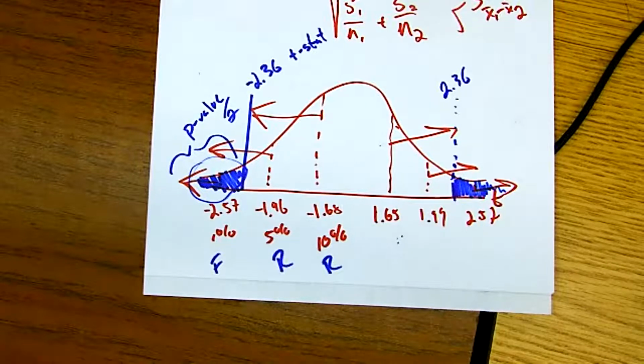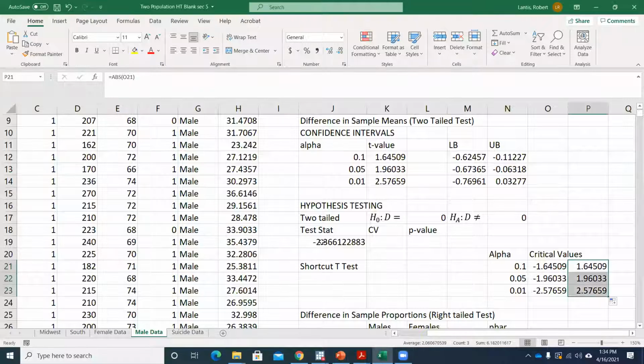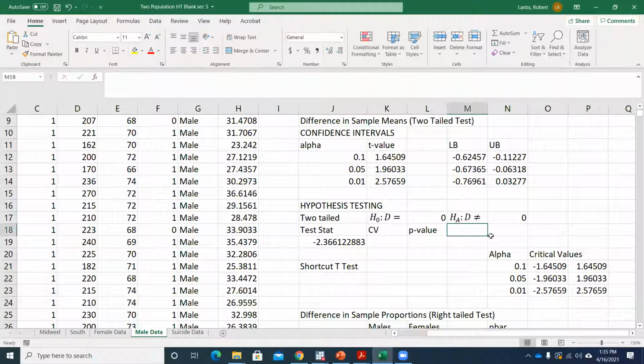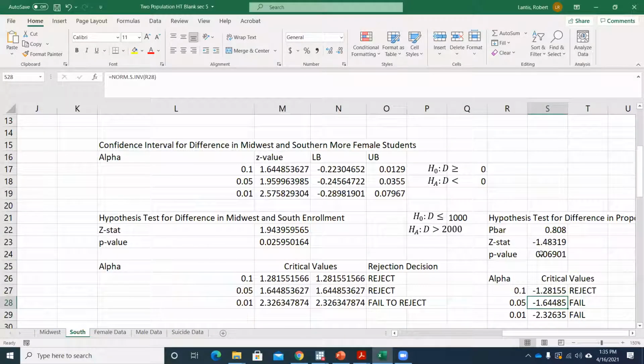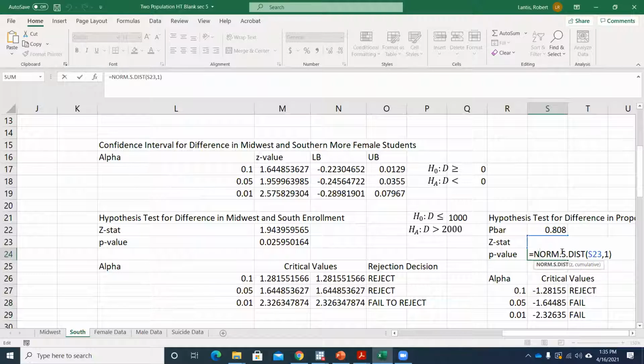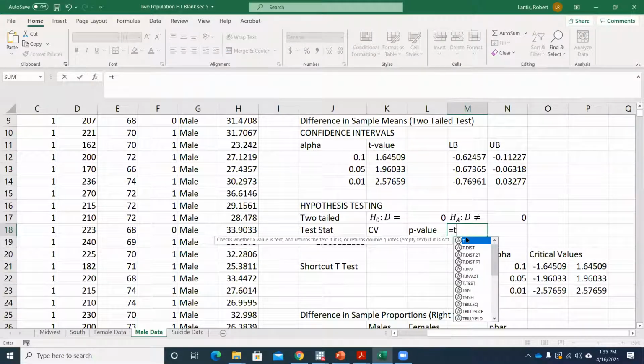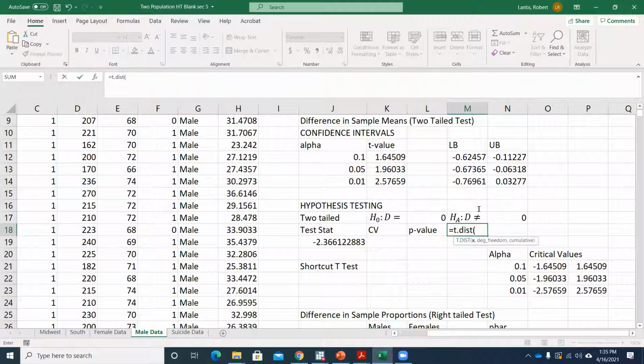So I've got to find that area. So I now know my test statistic and want the area to the left. I'm going to make this a little bit smaller. So to find the p-value, what we were doing before when we used the standard normal distribution is I use the norm.s.dist. So now I'm going to use not norm.s.dist, but t.dist.